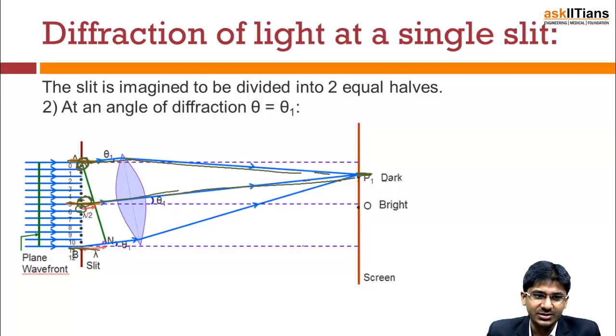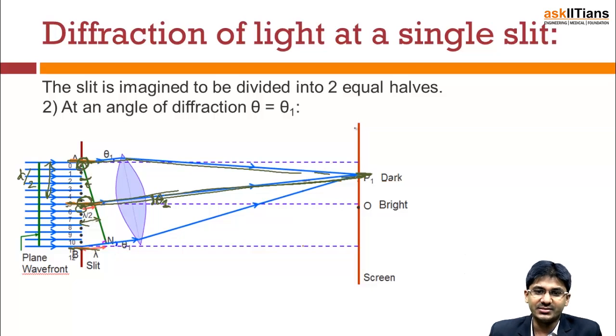Now since this is being observed at an angle theta 1, what is this distance? This distance is d by 2, if this whole distance is d. If this angle is theta, then this angle is also theta.